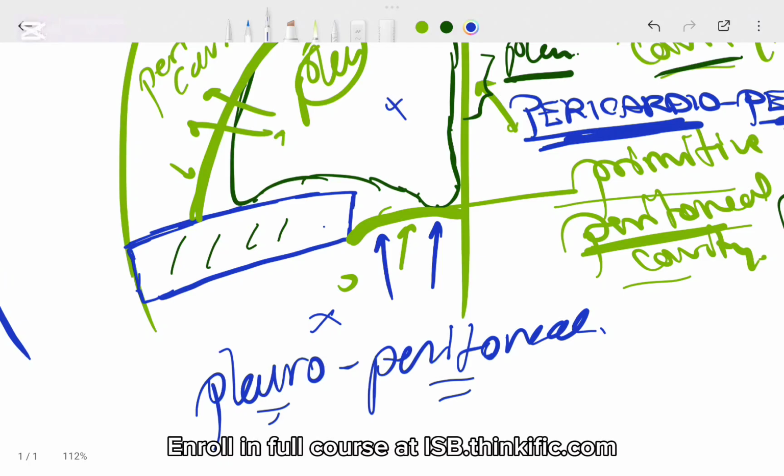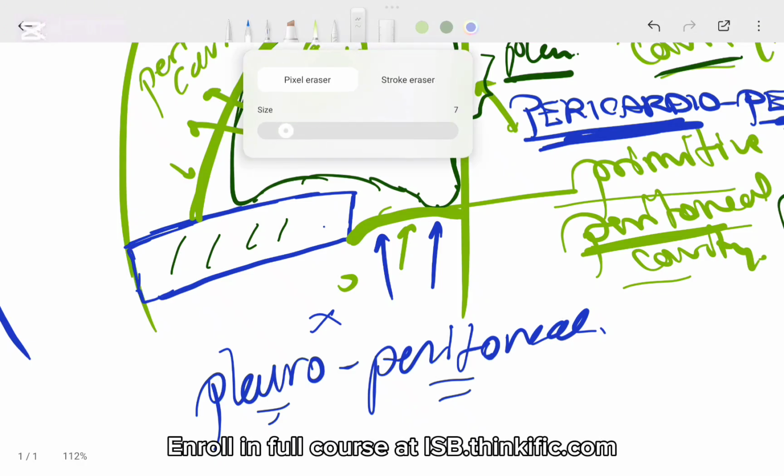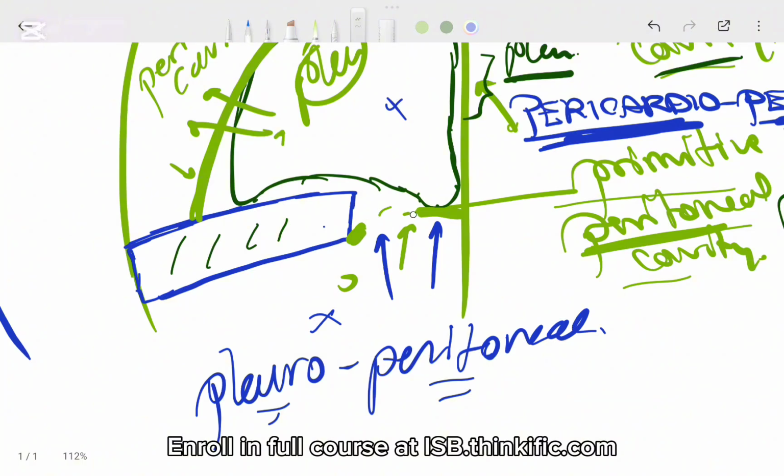A defect in this one, they will ask you this in the exam. Simply what happens is this membrane does not develop well. It develops with gaps in it. So there's maldevelopment of the pleuroperitoneal membrane. It develops very poorly, and a communication remains between the pleural cavity and the peritoneal cavity.